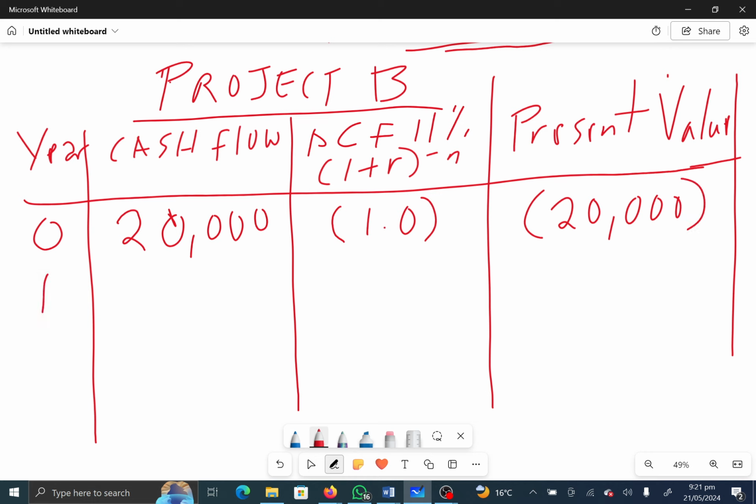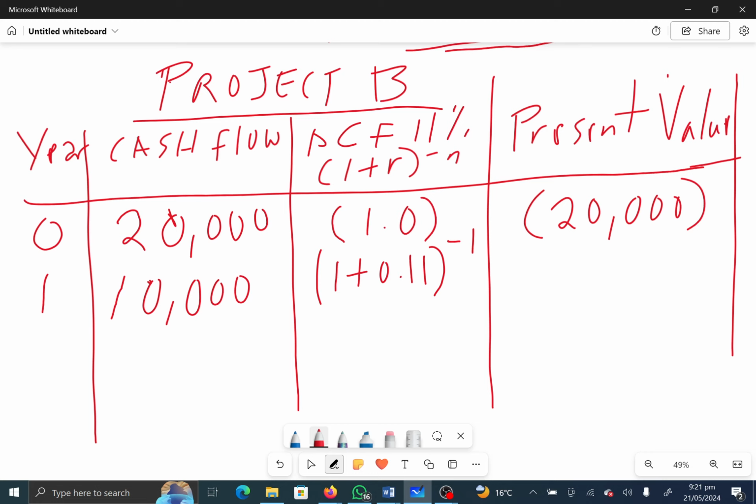Then we come to year 1. In project B, our cash flow was 10,000. From our formula it is 1 plus our R, which we calculated as 0.11, and we are in year 1, so to the power negative 1.